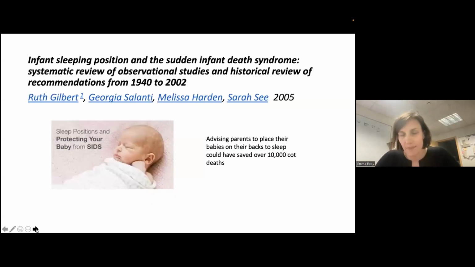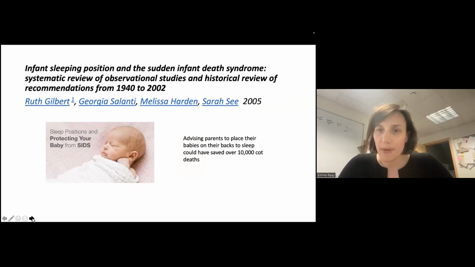So I said I would give an example of how a systematic review can quite literally save lives. So in the case of infant death from essentially cot death or SIDS, a systematic review looked at observational studies between 1940 and 2002 and concluded through their research that advising parents to place their babies on their backs to sleep could have saved over 10,000 cot deaths over that period of time.